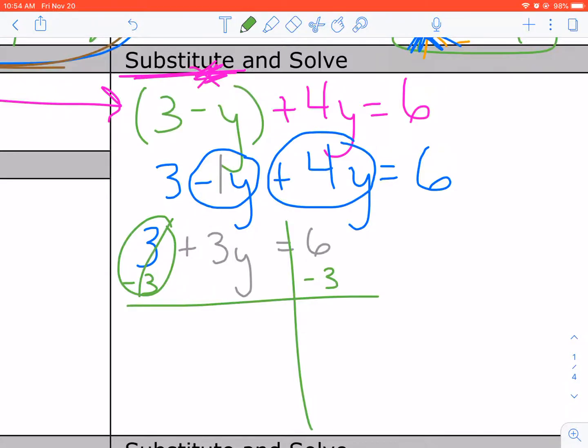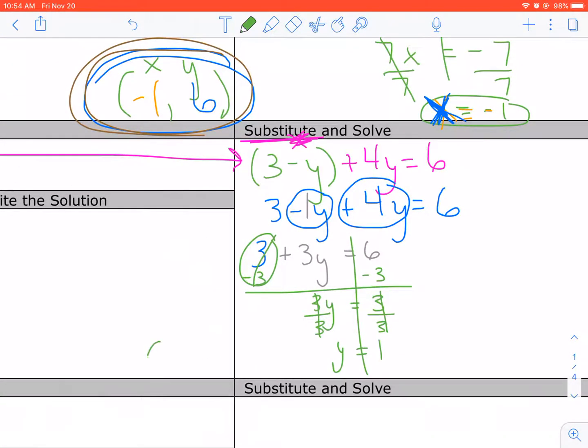So it zeroes out, and now I have 3y's, and 6 minus 3 is 3. And then I'm going to divide. 3 divided by 3 is 1 on this side too. Now this is one reason that we don't always just say cancel, because there is something left over. 3 goes into 3 once.